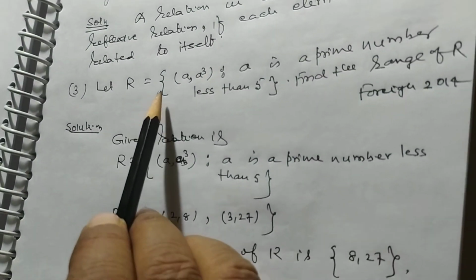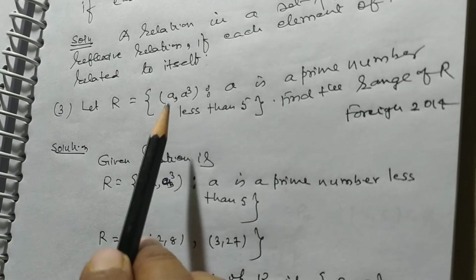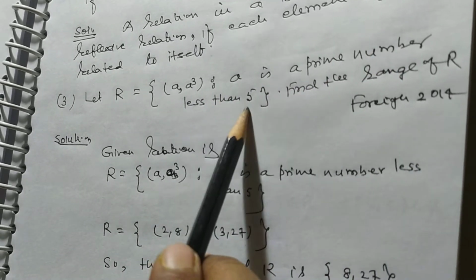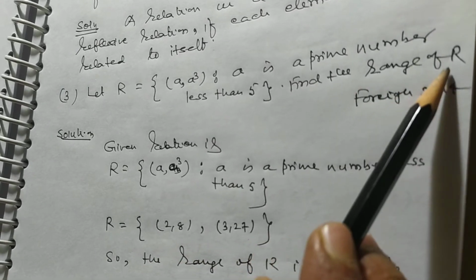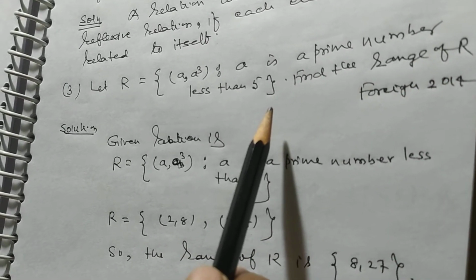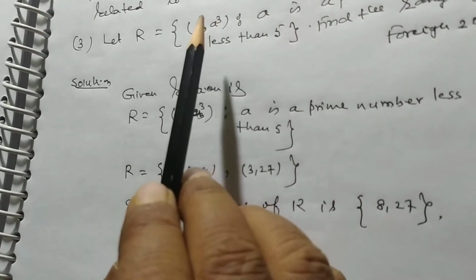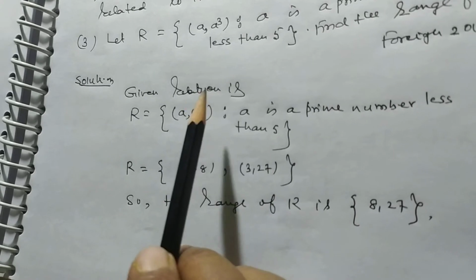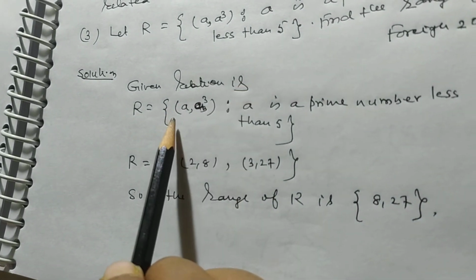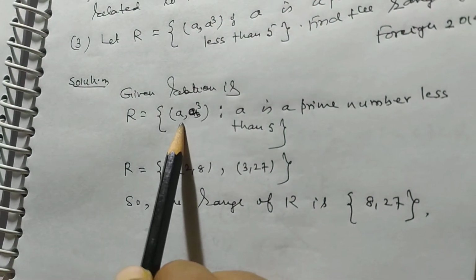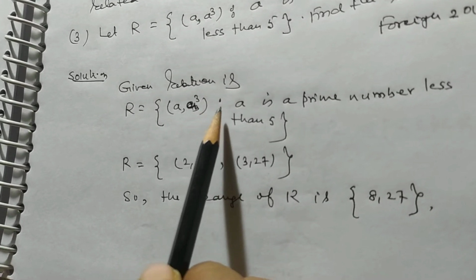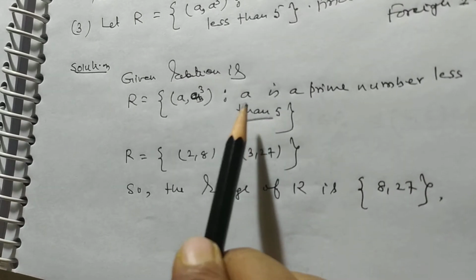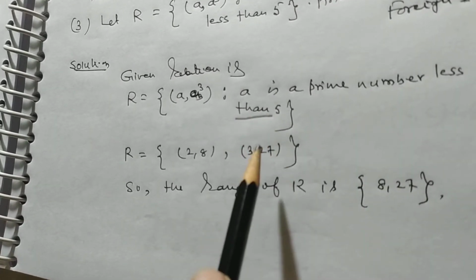Let R be the collection of elements (a, a cube) such that a is a prime number less than 5. Find the range of R. Given relation is R, the collection of the elements (a, a cube) such that a is a prime number less than 5.